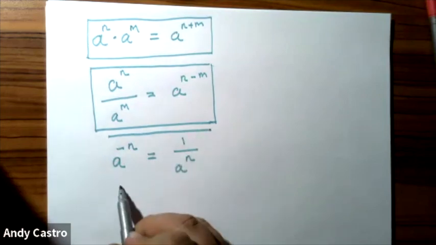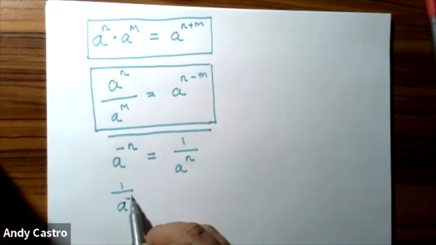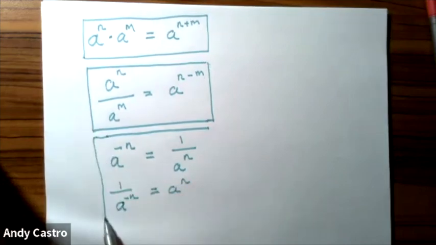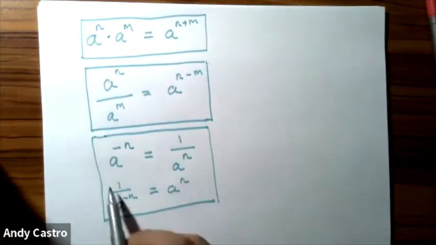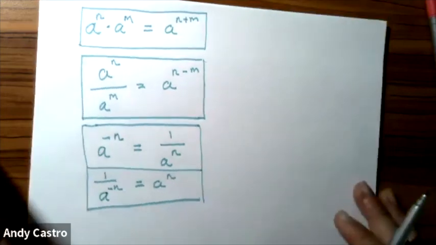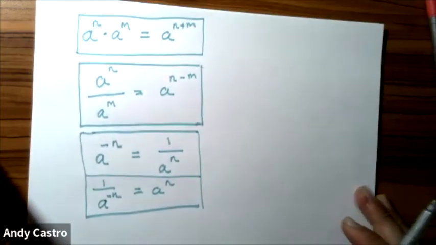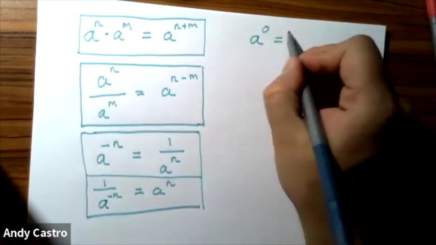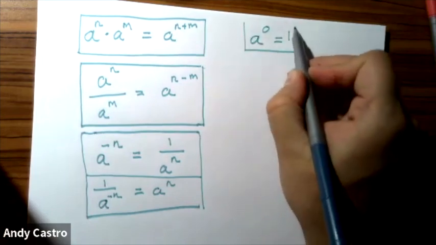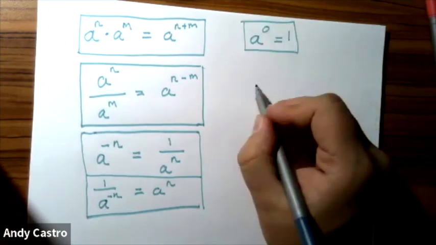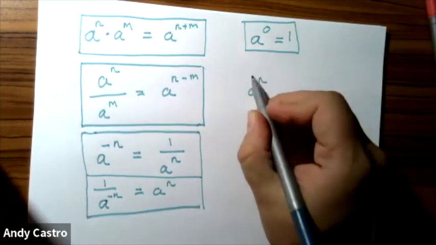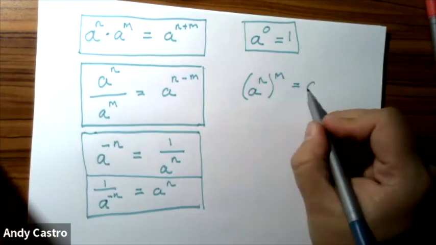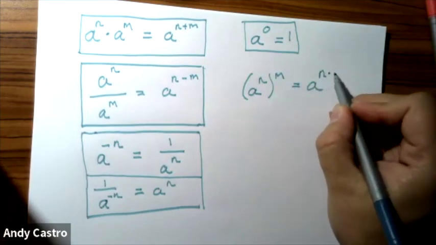And 1 over a to the negative n is equal to a to the positive n. Draw a line in between these two just to bring clarity there. A to the 0 is equal to 1. And a to the nth raised to the mth power is equal to a to the n times m.